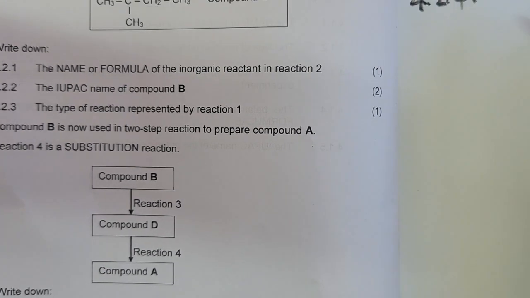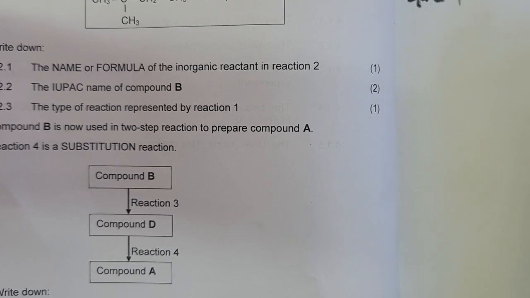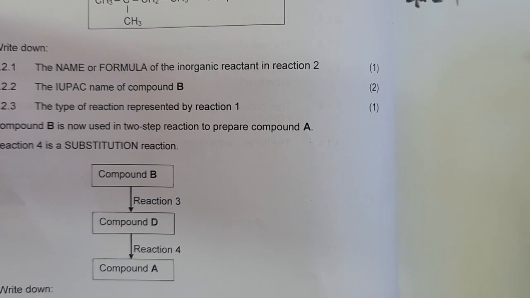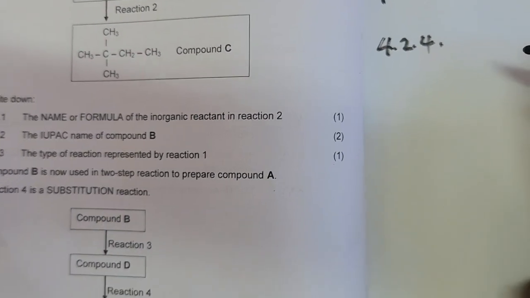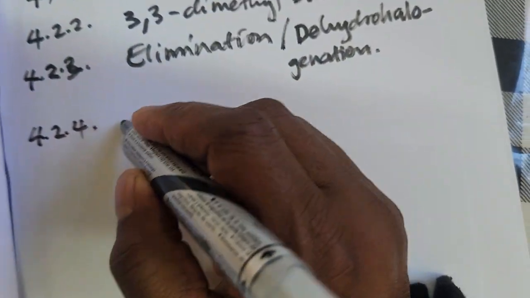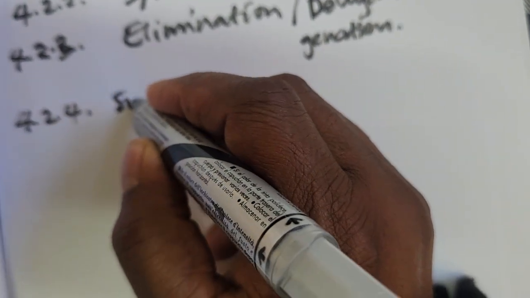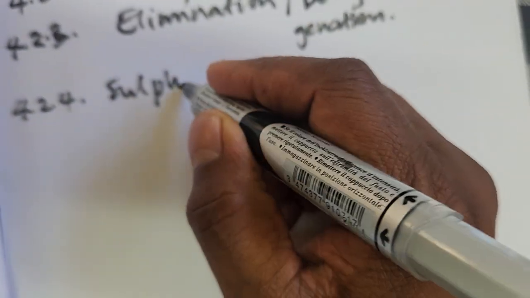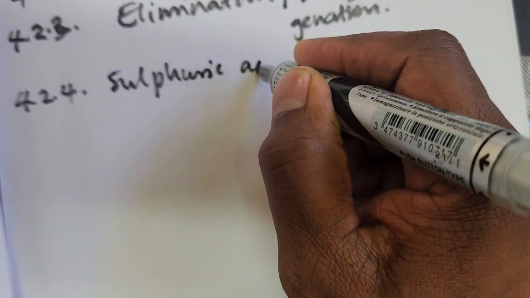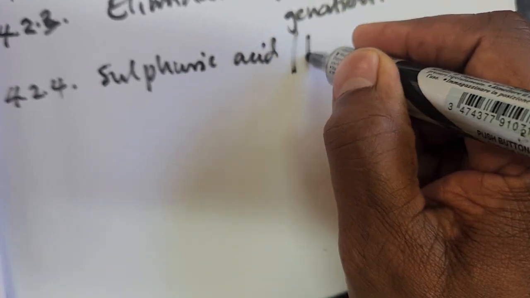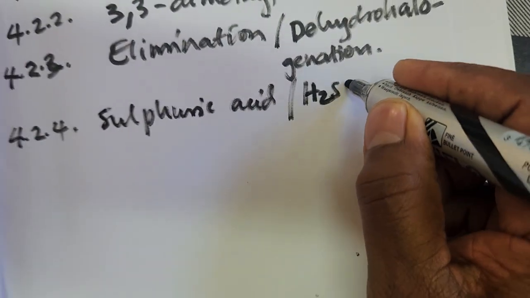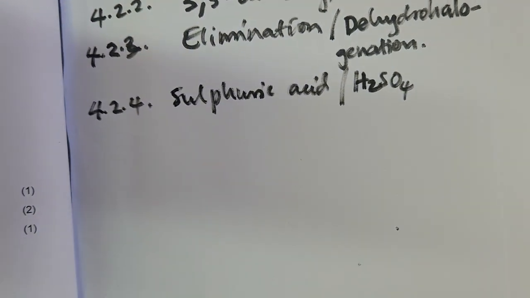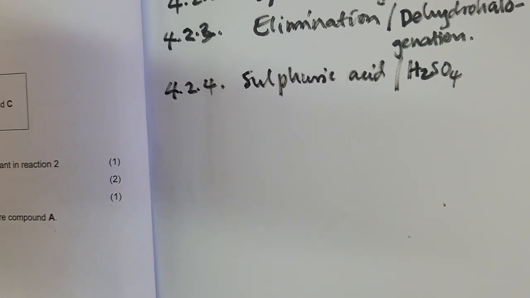If D is an alcohol, therefore reaction 3 becomes your addition reaction, which is hydration. And what is the catalyst in hydration? It is sulfuric acid, or you write H2SO4. That is 4.2.4.